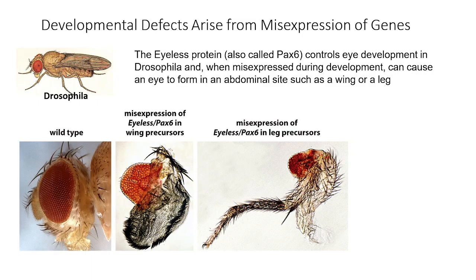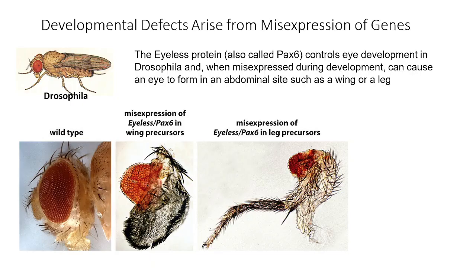So these are some of the developmental defects which arise from the misexpression of genes like the eyeless protein called PAX6, which controls eye development in Drosophila, and when misexpressed during development can cause an eye to form at an abnormal site, such as the wing or a leg.